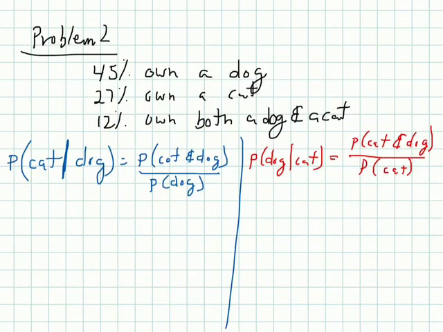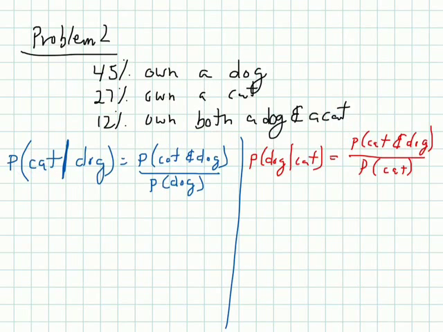So again, the first one is, I'm going to use purple here, orange. What is the conditional probability that a dog owner, so given that they own a dog, will also own a cat? Do you see how that works? So it's the probability given that you're a dog owner, so that's this, and that you own a cat. So what's the probability you own a cat given that you're a dog owner, right? So this is the main thing, the dog owner. The cat is this extra one, right?